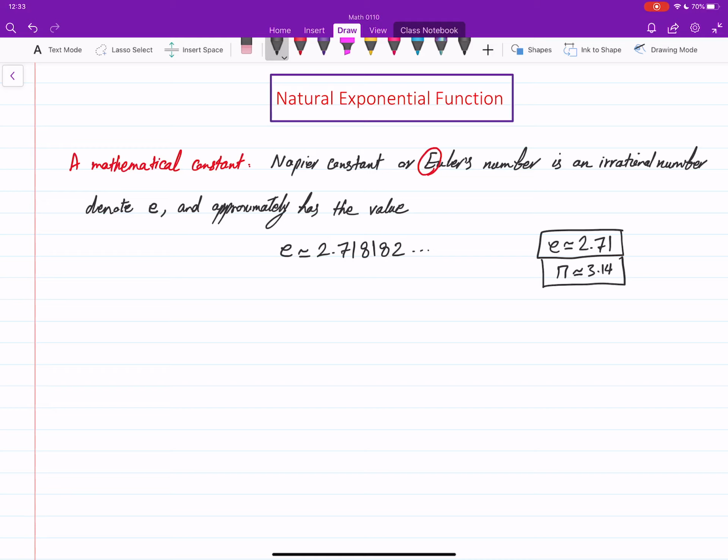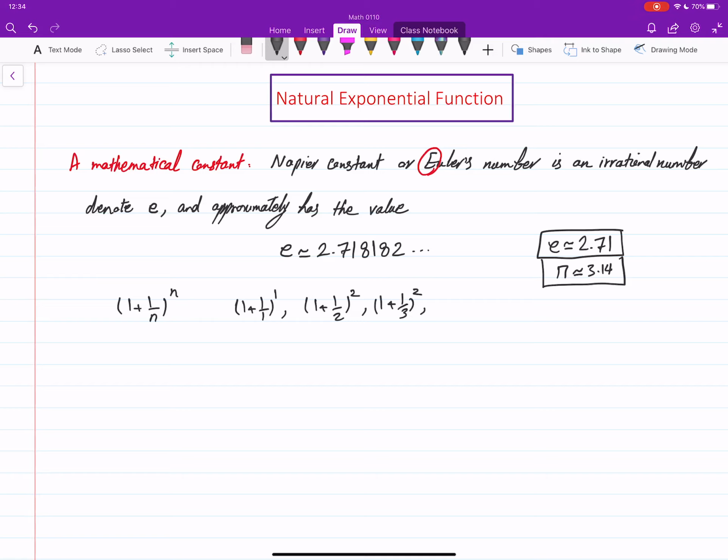Something that you may ask is, where does this number come from. There are very good stories about this, but one of the very important historical ways that one gets to this is that you evaluate this expression for different integer numbers. For example, 1 plus 1 over 1, to the power 1, then do it for 2, and then for 3.